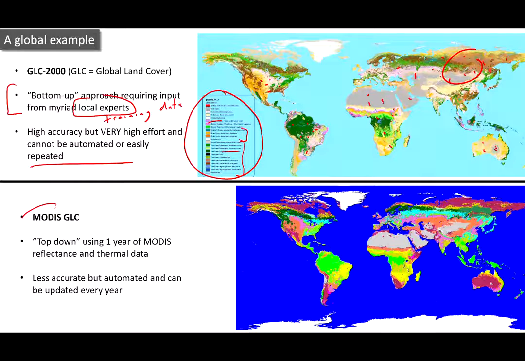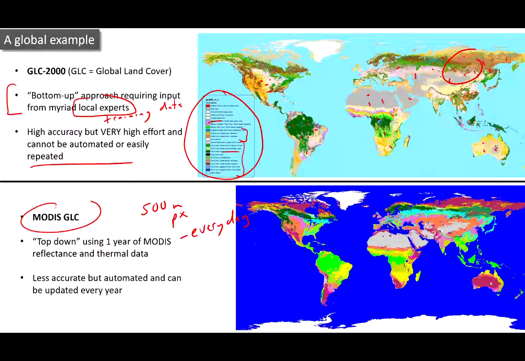On the other hand, you've got this MODIS global land cover map. MODIS is a satellite like Landsat, except it maps at about 500 meter pixel size, but every day. So that's kind of the pro and the con of MODIS.